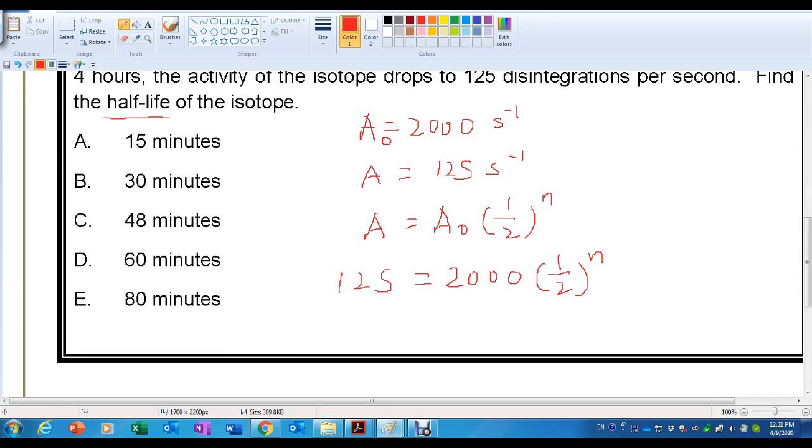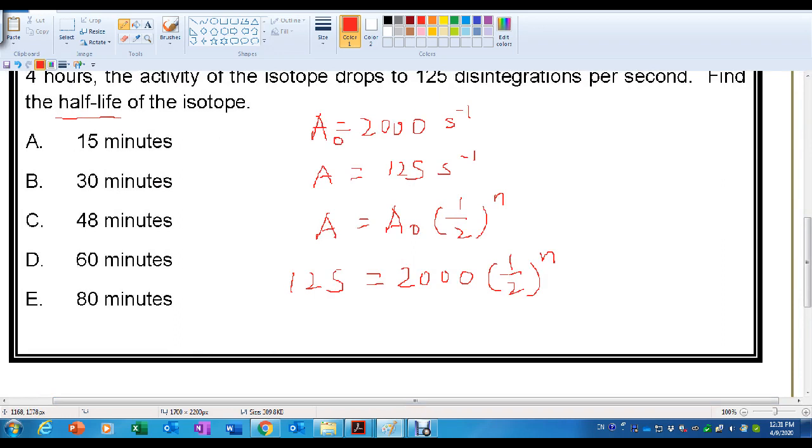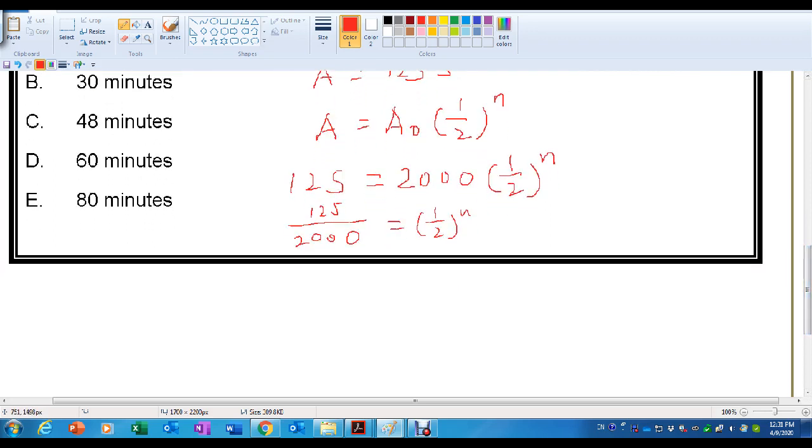Okay, you should know how to do it, right? So of course we don't know n, but you could just divide that 2000 to the left hand side. And now when you use 125 divided by 2000, that's 1 over 8. Okay, so what n shall I put in to make it 1 over 8?